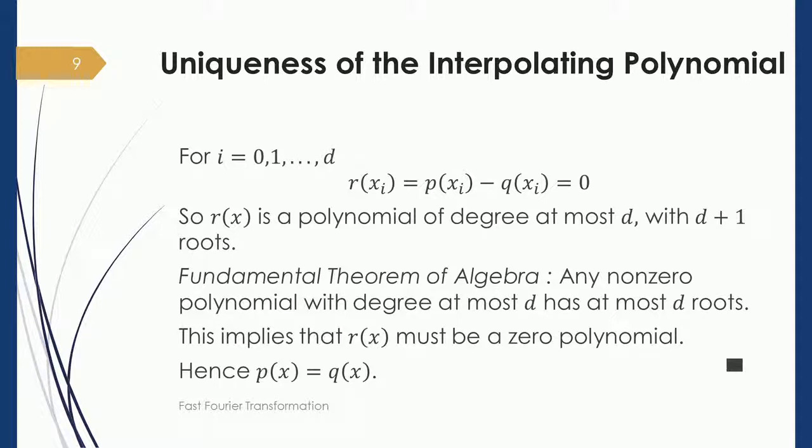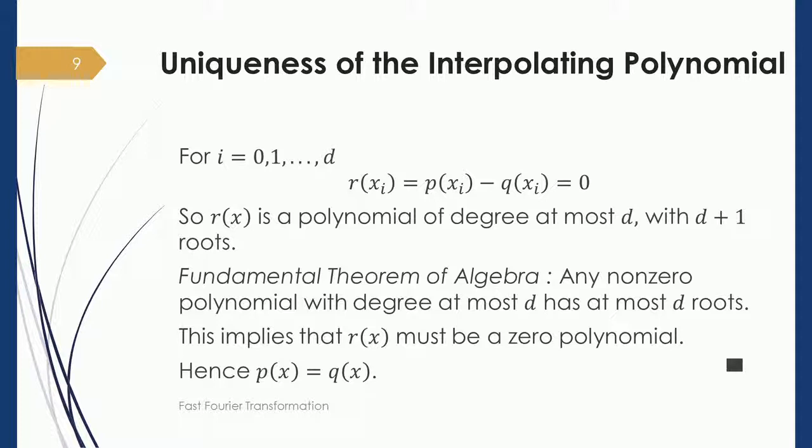They are both equal terms, and so they cancel each other out, leading to a 0. So, R of x is a polynomial of degree at most d, but it has d plus 1 roots, because there are d plus 1 points at which it evaluates to 0.